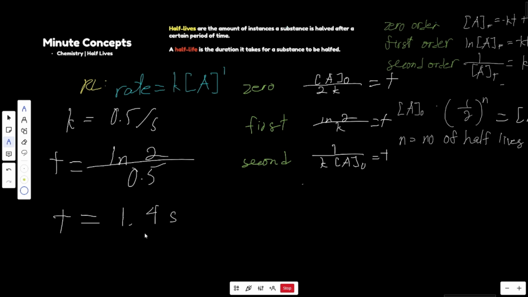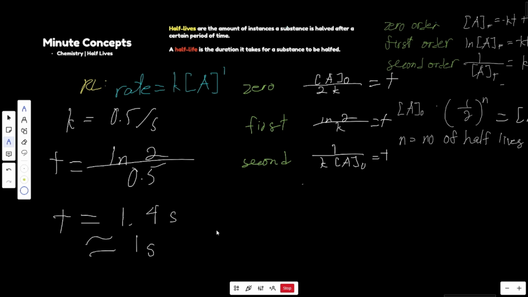Well, actually, this isn't even a correct significant figure set, so this would be 1 second, roughly. Now, what does that mean? That means for every 1 second that passes, our substance A is halved, which is actually quite crazy for a half-life. So I guess you would see this in rapidly decaying substances, radioactive substances.